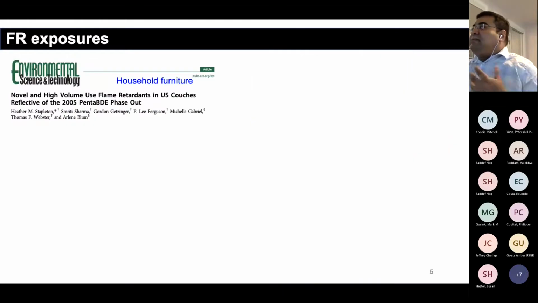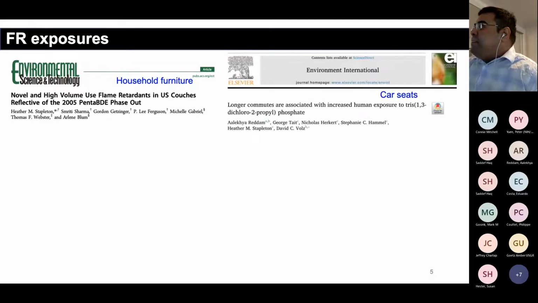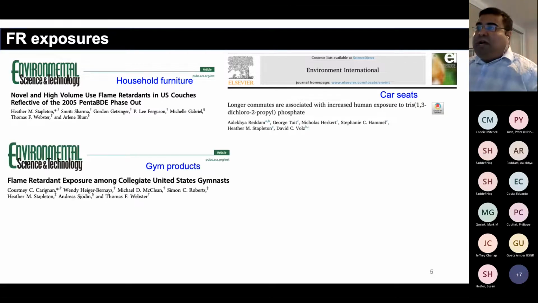So this slide lists some of the exposure assessment studies for flame retardants. Just to reiterate from the previous slide, they have been detected in measurable and even high levels of concentration within household furniture. On commuters commuting long distances in cars, it has been shown that flame retardant exposure can increase as a result of commute time. They have been detected in gym products, a lot of foams that we used in gym mats.